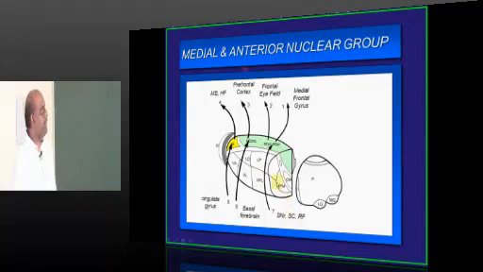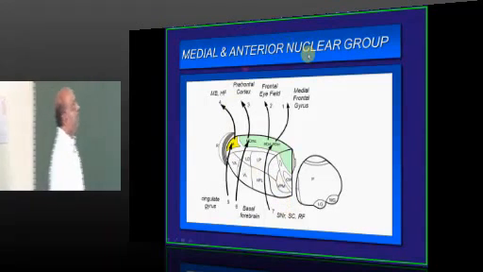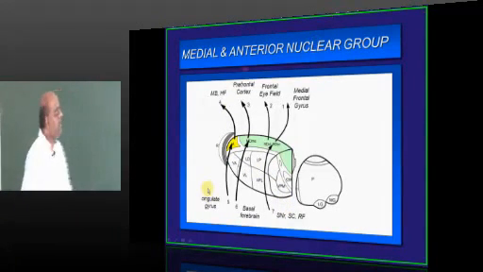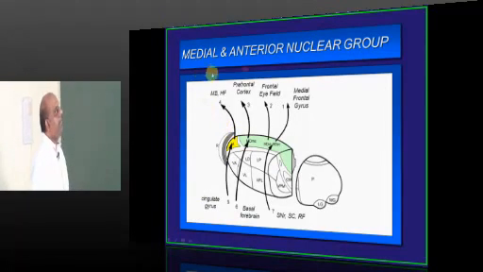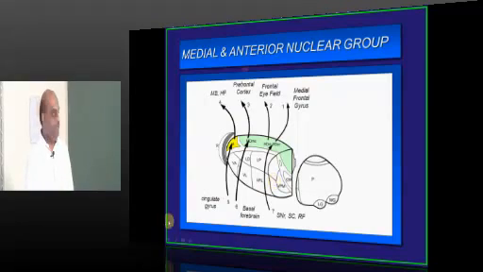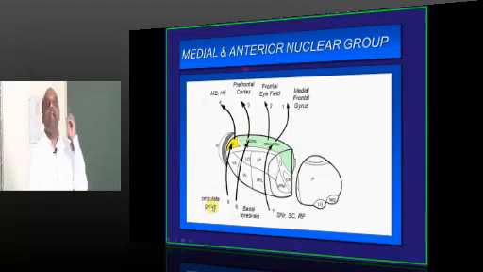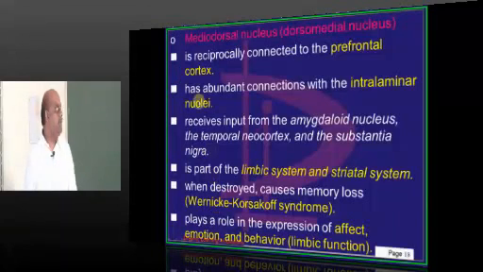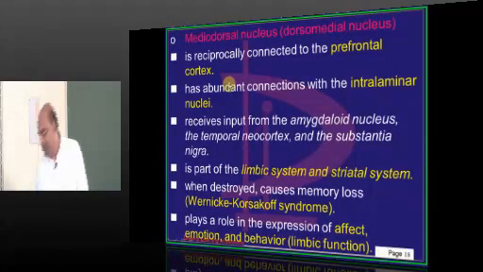That's how Papez's circuit is established. So this is an example of how the medial and anterior nuclear group is organized, and you need to remember Papez's circuit, the cingulate gyrus, and the anterior group of thalamic nuclei.